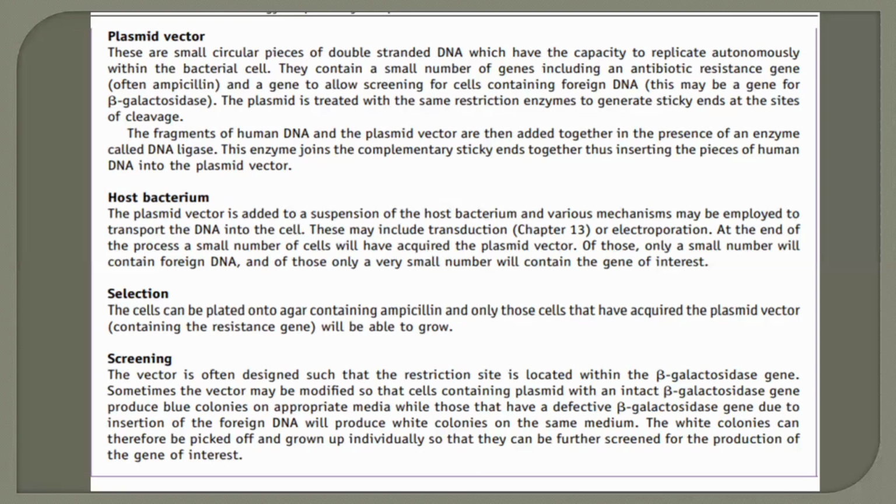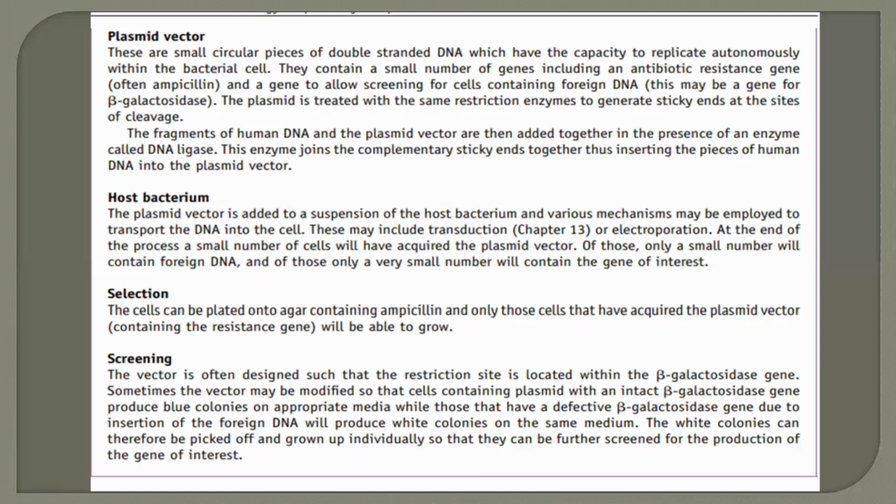Now, this is done by taking a plate of agar, which is the culture media, and on that plate we add ampicillin. Ampicillin is an antibiotic which kills or inhibits the growth of bacteria. The benefit of this is to make sure that the other bacteria are killed and the desired combination of the gene and the plasmid factor are the only products that are transferred to the host bacteria.